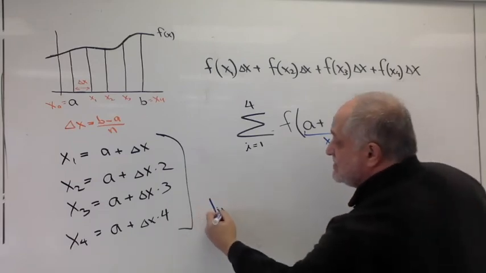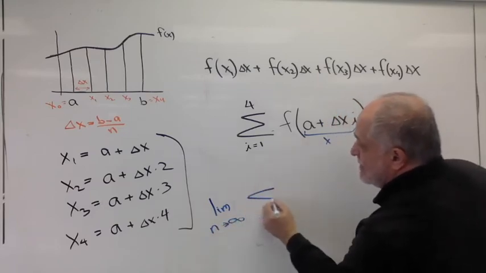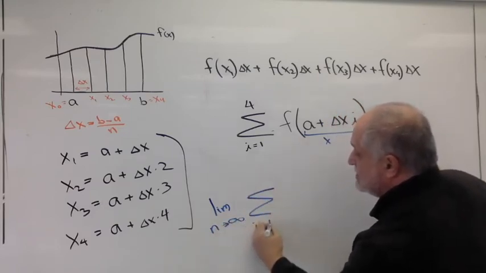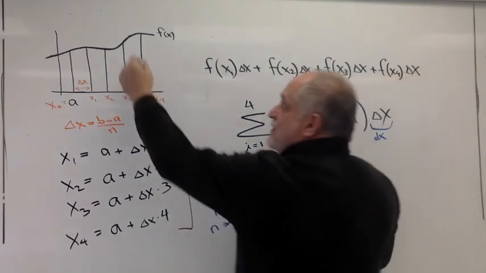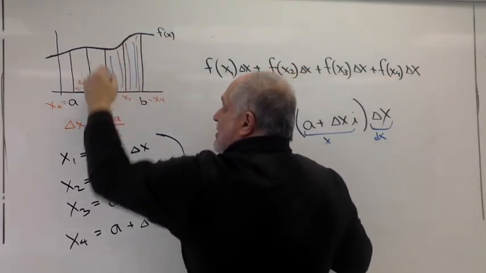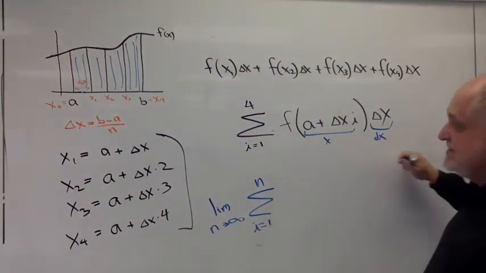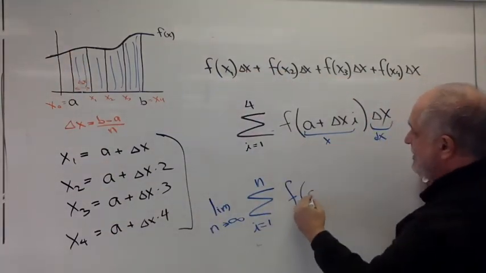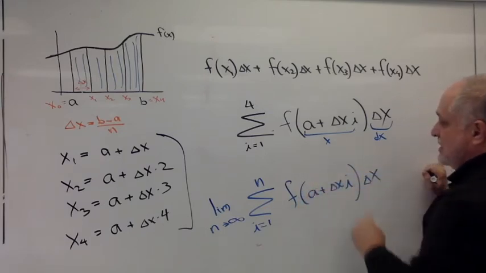We want the limit as n goes to infinity of the sum from i equals 1 to n. Now we're not stopping at 4. Instead, we're doing an infinite number of these vertical rectangles, and this is the same statement: f of A plus delta x i, delta x.